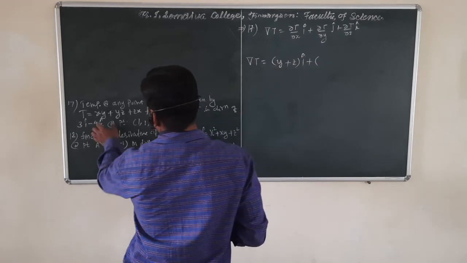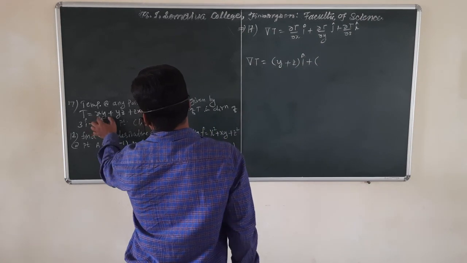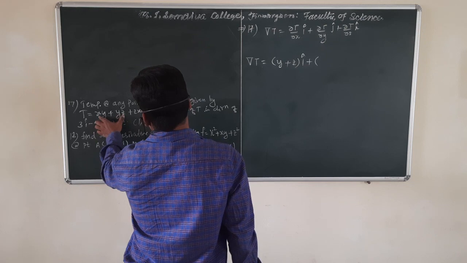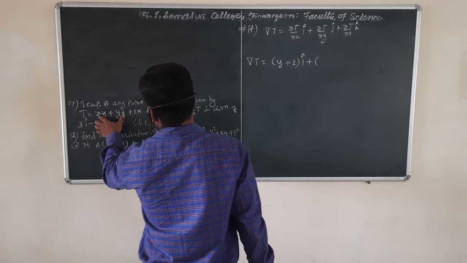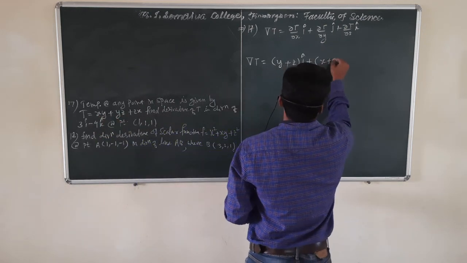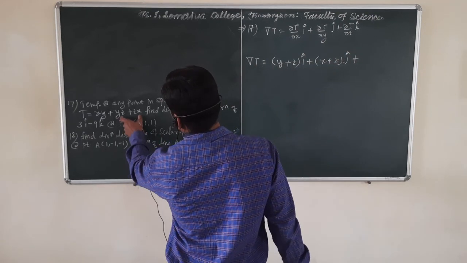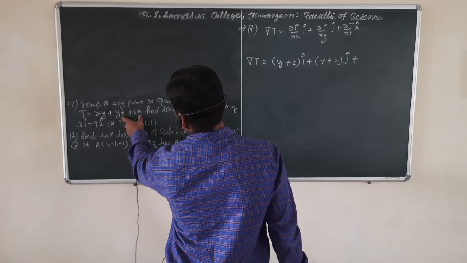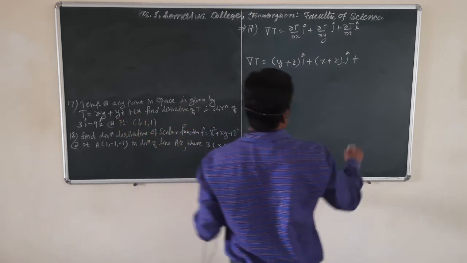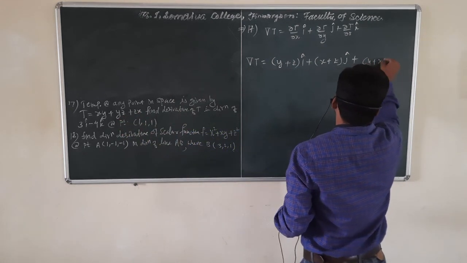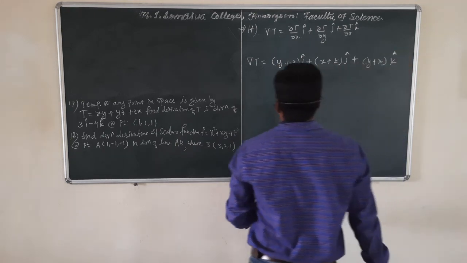If we differentiate this with respect to y, we get (x plus z) j cap, plus we have to differentiate this with respect to z, so (y plus x) k cap.